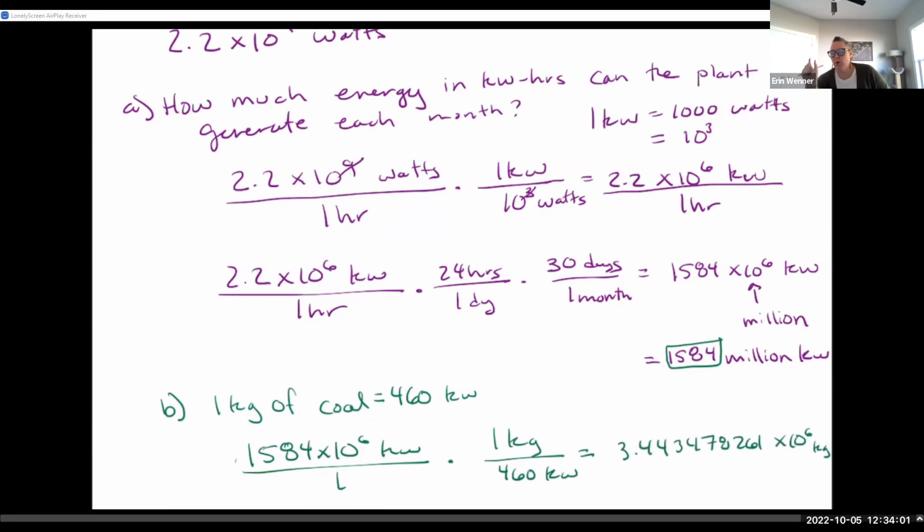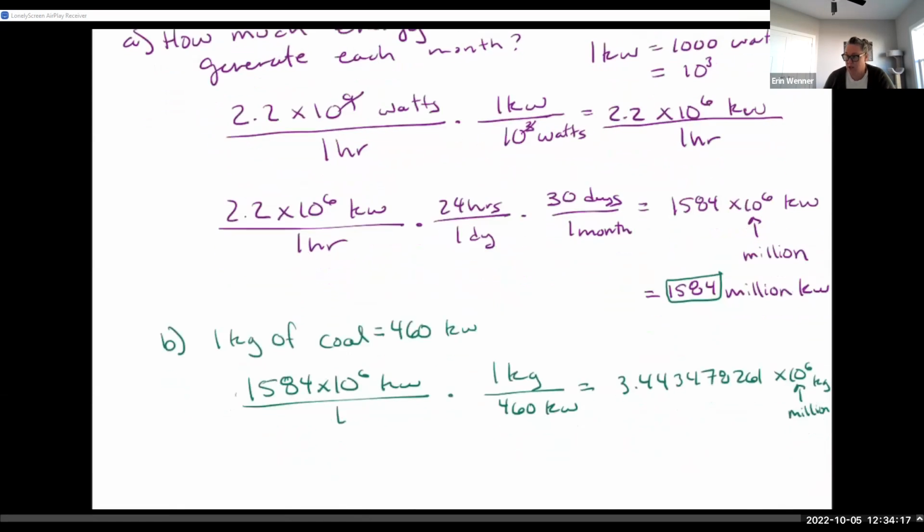Well, if you read the question, where you put the answer in, it says the plant needs blank million kilograms of coal each month. So again, this is the million part. And it wants us to round to 1 decimal place. So we're going to have 3.4 million kilograms of coal per month.